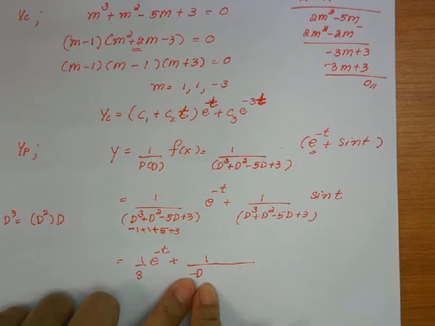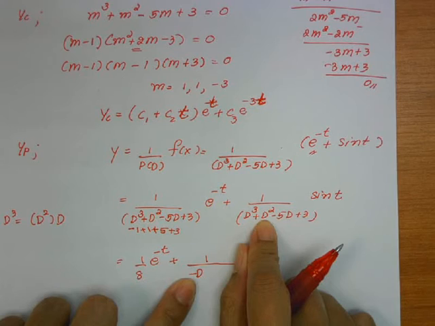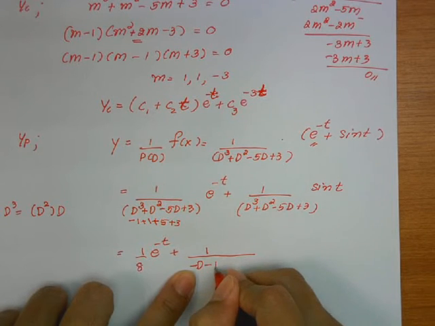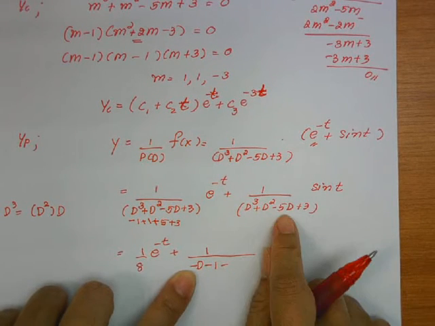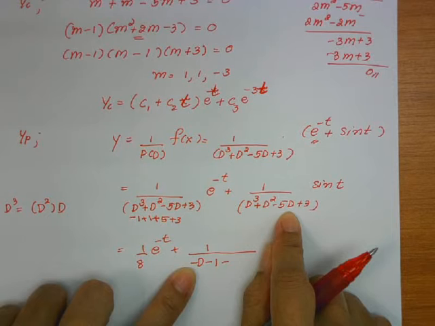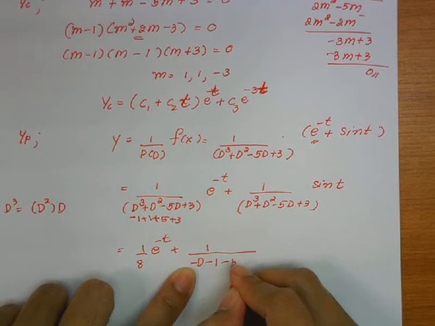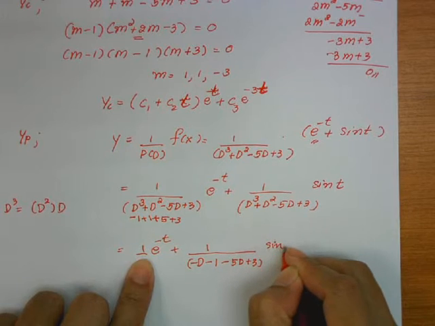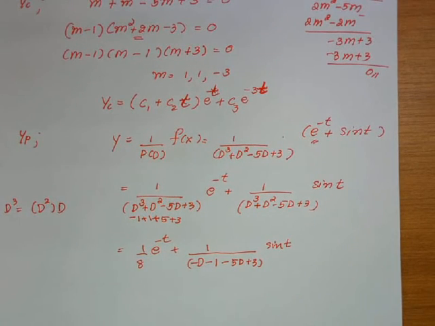Now, the second term, we already did. Our d squared is equal to minus 1. And then, this is d. We can't do anything with that. We got to put minus 5d there and plus 3. Just 5. There we go.